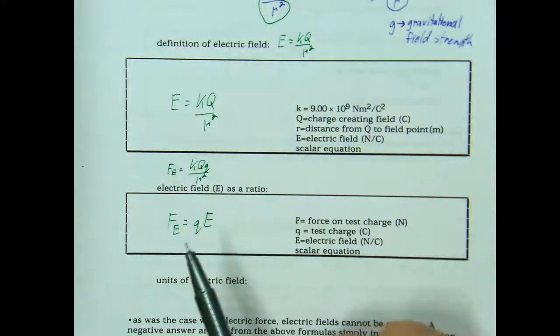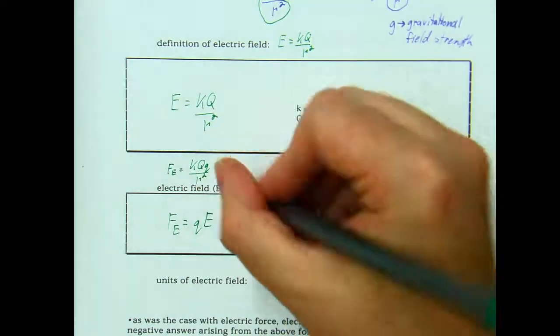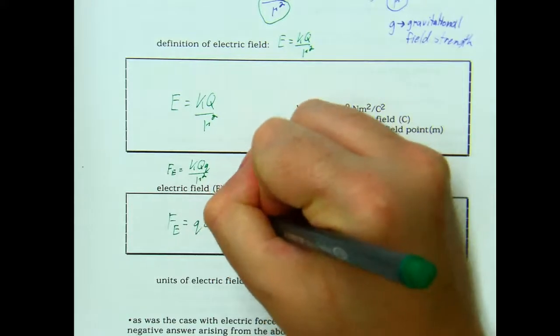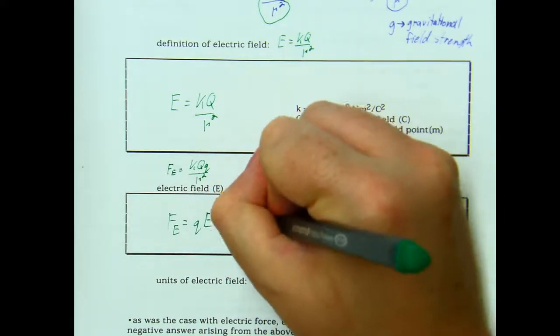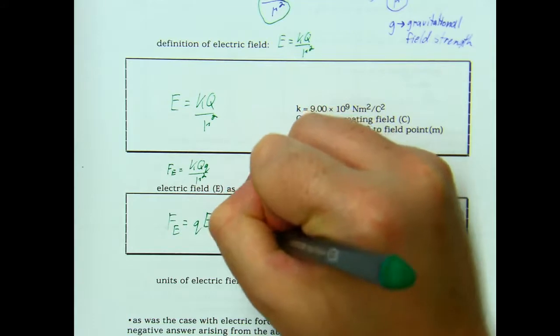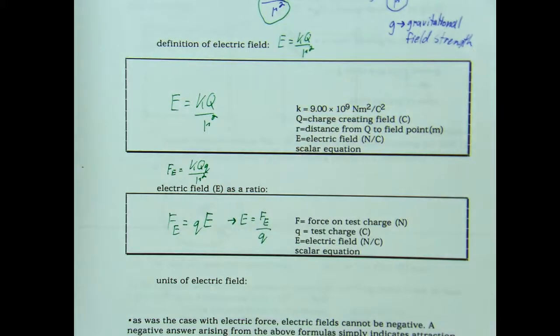So we can talk about the electric force now as being equal to q times E, or we can rewrite this and say, well, my electric field is equal to the electric force divided by the charge that's in it, the test charge that's there.